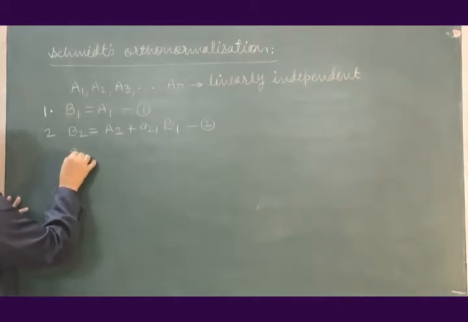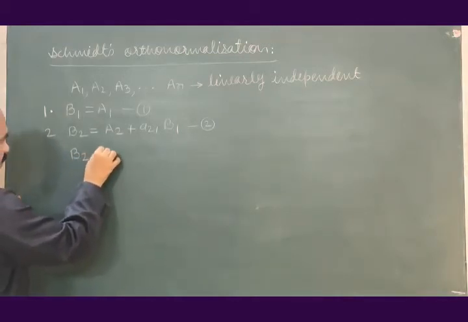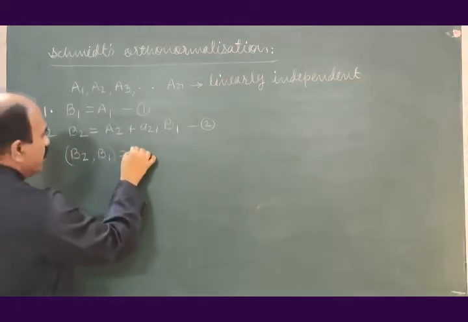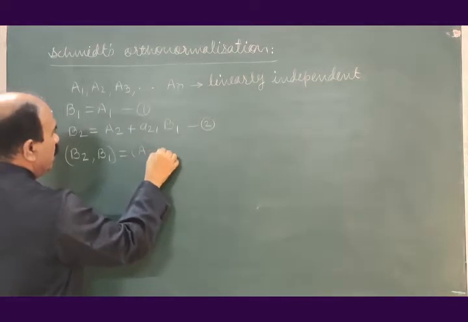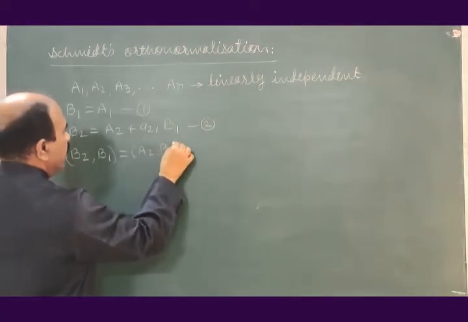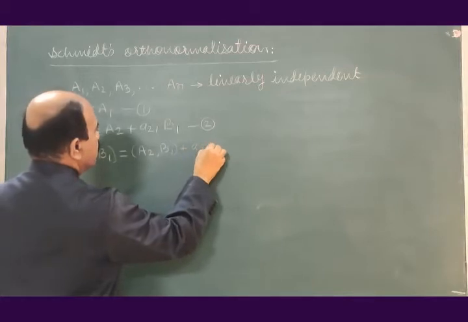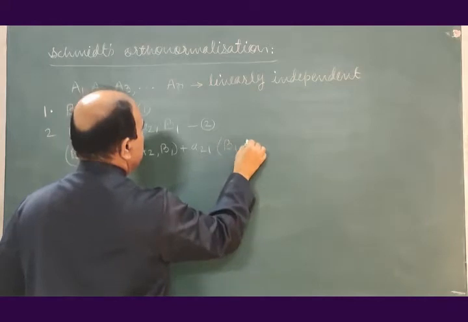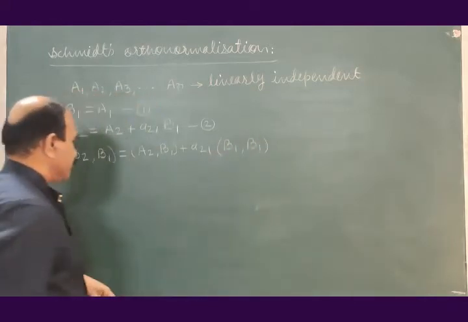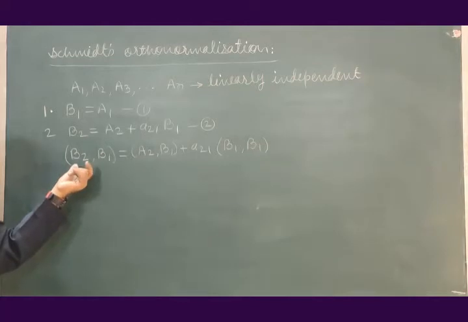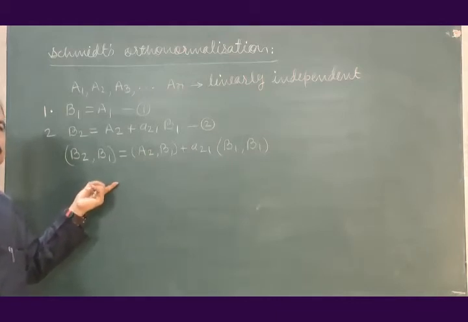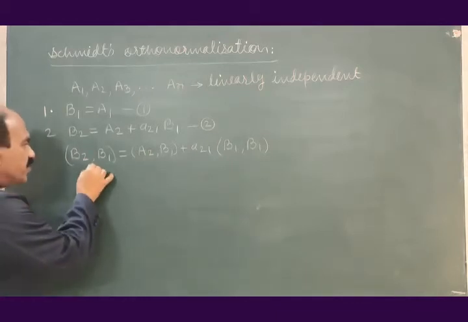That is, the inner product of vectors b2 and b1 is equal to (a2, b1) plus a21 into (b1, b1). b1 and b2 are orthogonal to each other. So what will be the inner product of orthogonal vectors? It is 0.